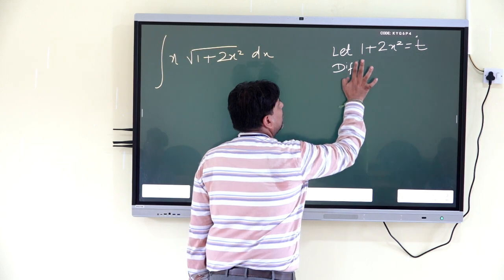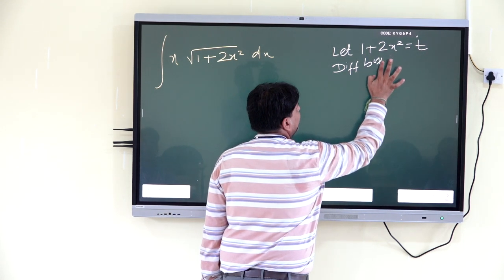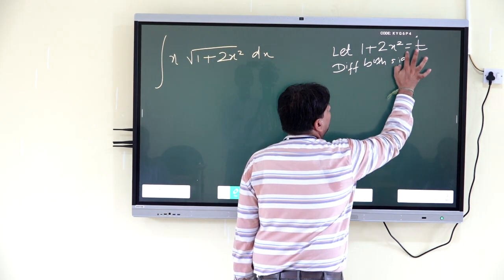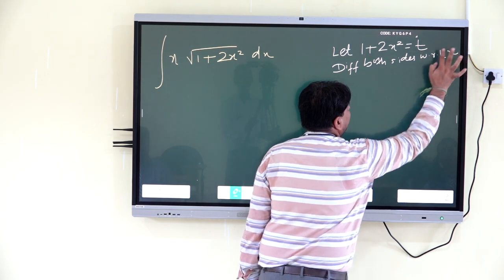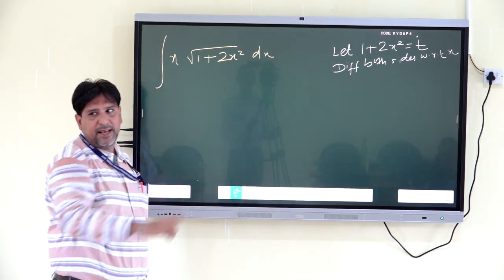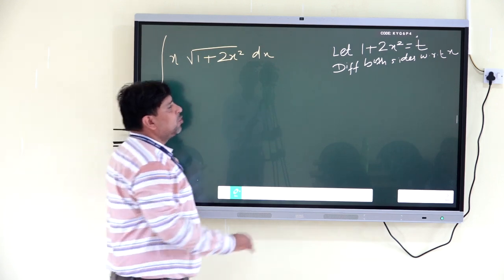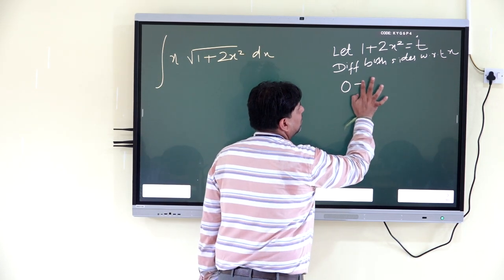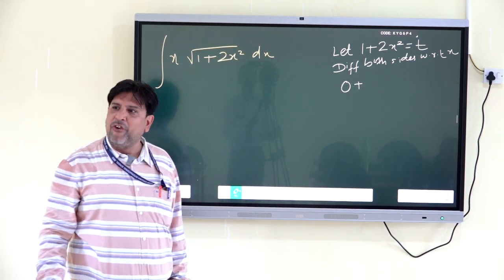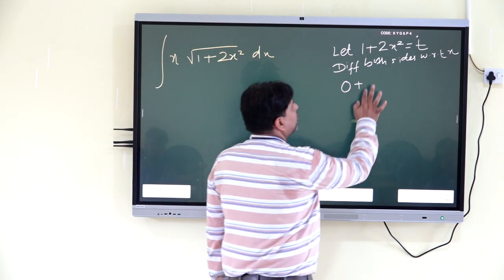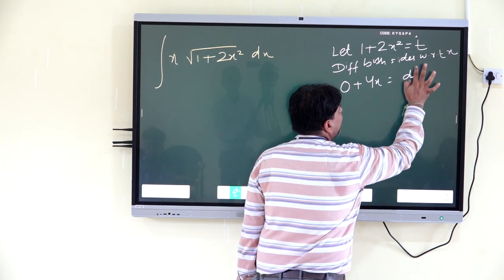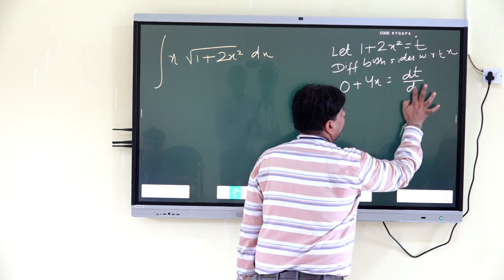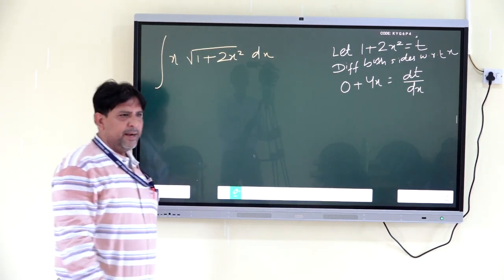Differentiating both sides with respect to x: the derivative of 1 is 0, the derivative of 2x square is 4x, and the derivative of t is dt by dx.